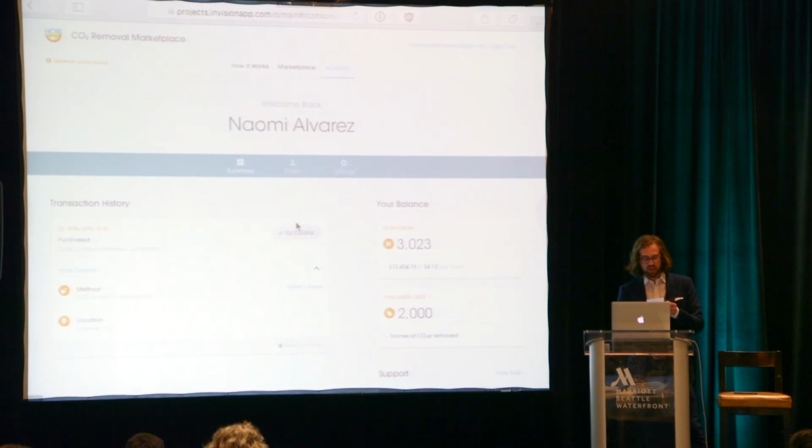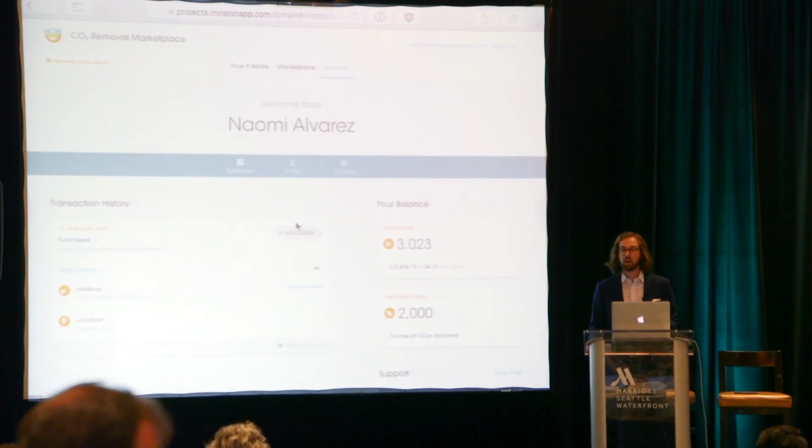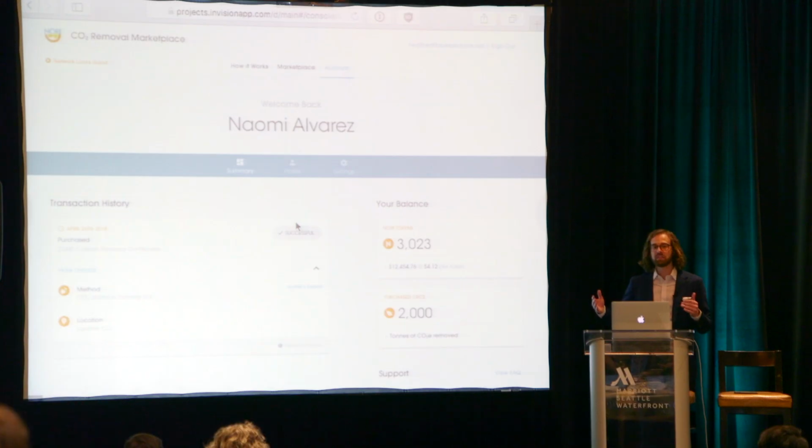Can the seller reject a buyer they don't like? No, not in this design. We're trying to commoditize carbon dioxide. We're trying to move past other tangible things around these carbon offset, carbon removal projects that exist.